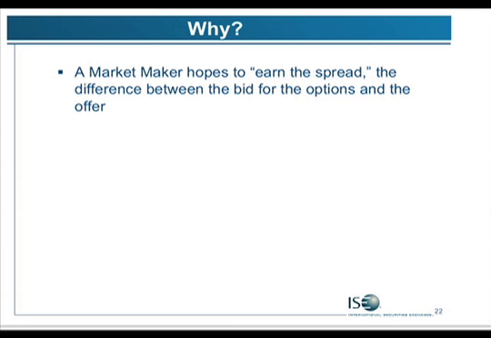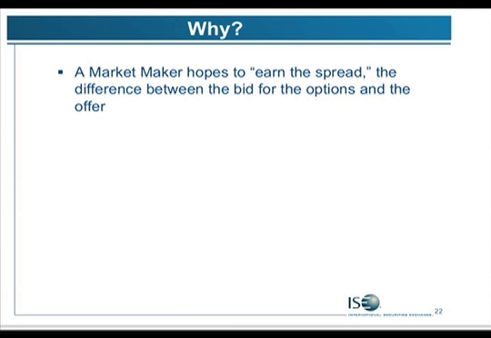Big institutions, though, might not be in it for the spread. They might be in it as what are called market takers, just taking the offer, hitting the bid, because they have a view on the currency. And that's, again, why a lot of us are trading the currency market. We're not in it for the spread. We're in it because we believe that the dollar is going to rally, or the dollar is going to sell off.